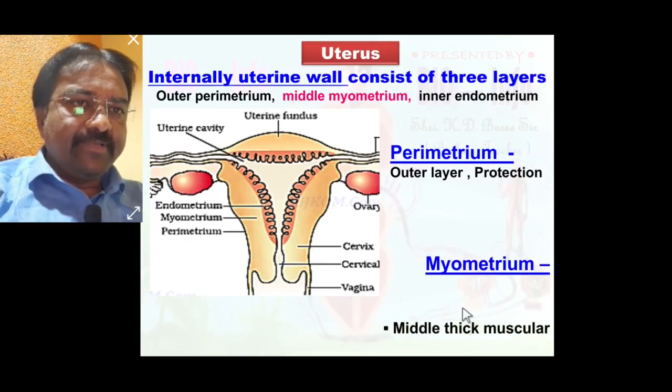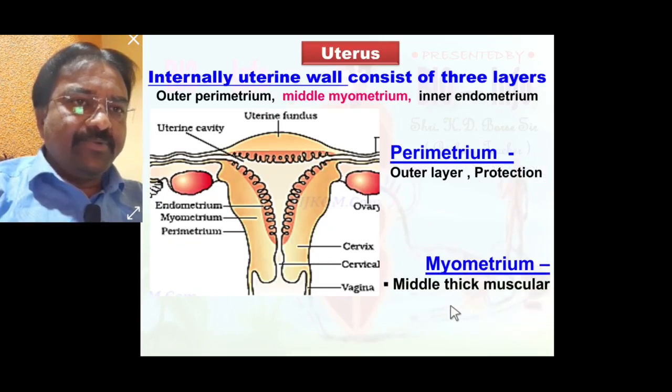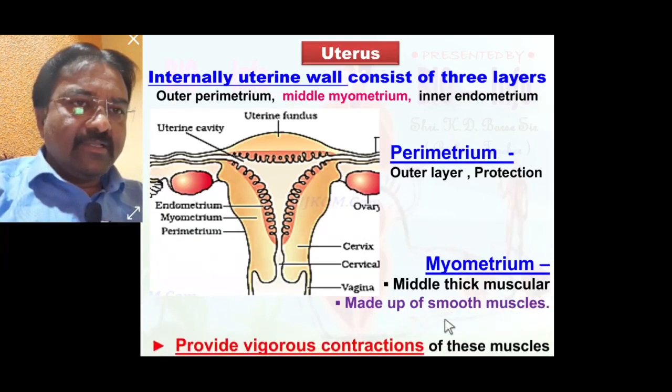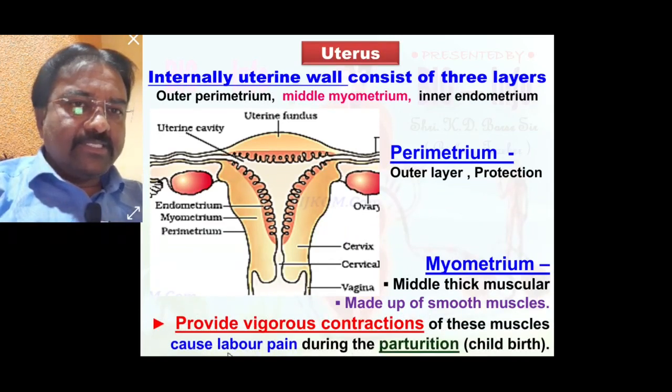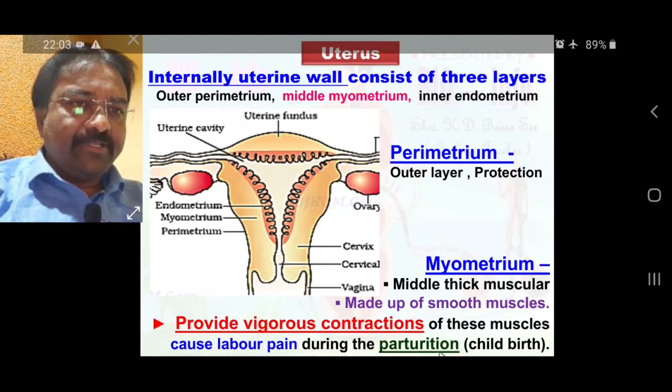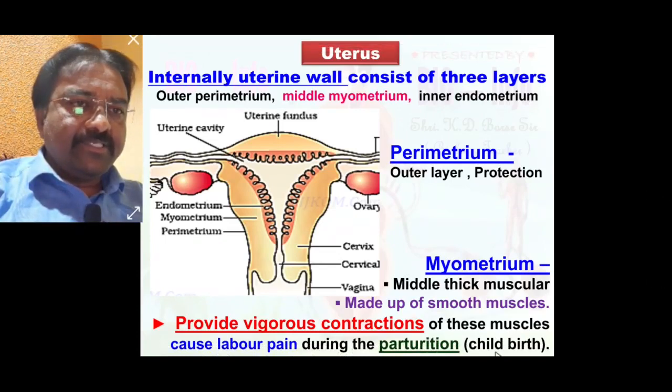Myometrium is a very thick muscular layer made up of smooth muscles. It provides vigorous contraction of these muscles, which causes labor pain during parturition or the childbirth process.